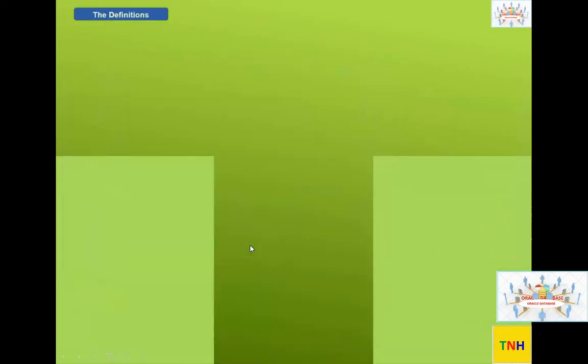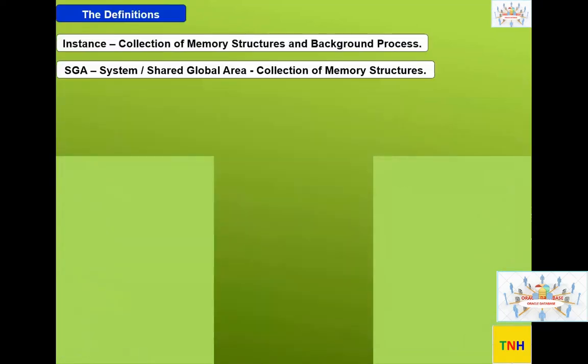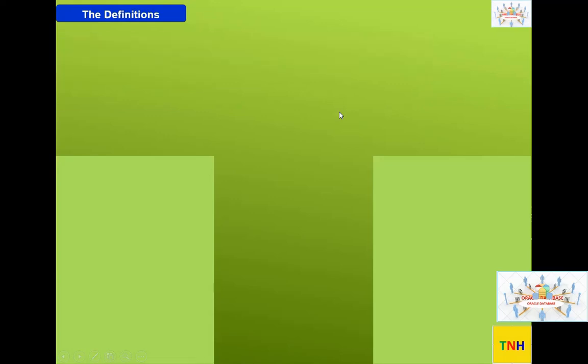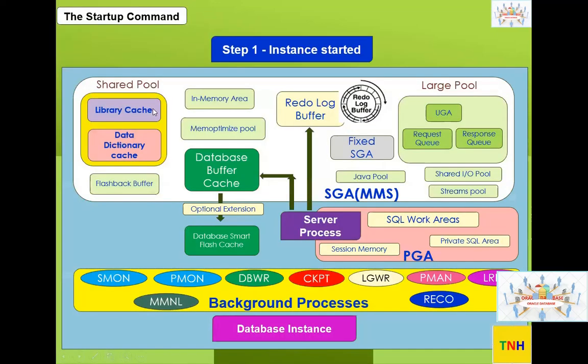The next one is SGA. SGA, we know now, is the System Global Area, a collection of memory structures. That is very clear now. And the shared pool consists of library cache and data dictionary cache. If you go back, shared pool consists of library cache and data dictionary cache.